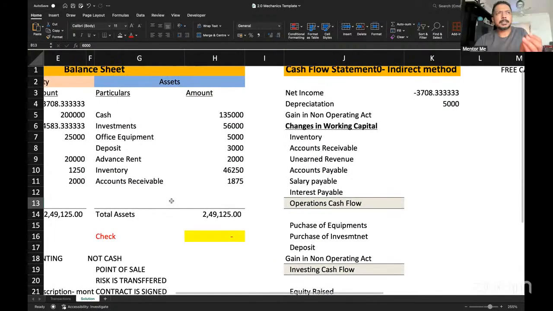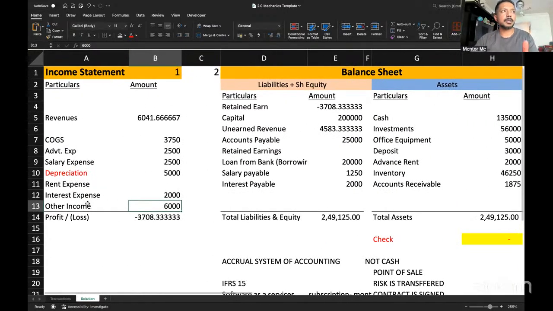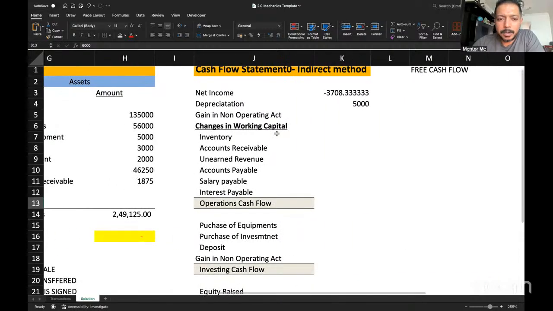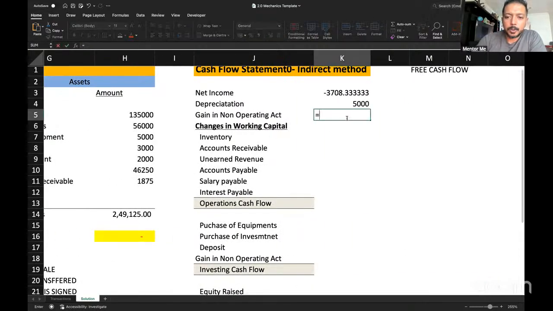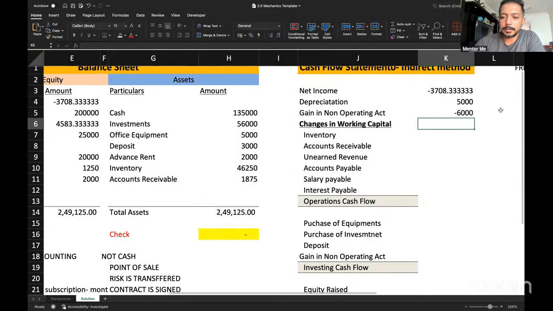So whatever items we can directly tell in the income statement are not cash, that is usually depreciation and amortization, other income, or let's say gains and losses due to discontinued operations, all these things which you can directly figure out are not cash. Okay. Usually it is not that complex. So we do minus. We are doing the opposite of what we did here. So here it was positive. It was added. So we are reducing it in the cash flow statement.